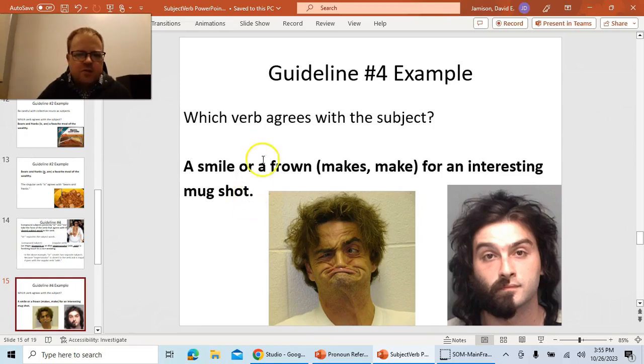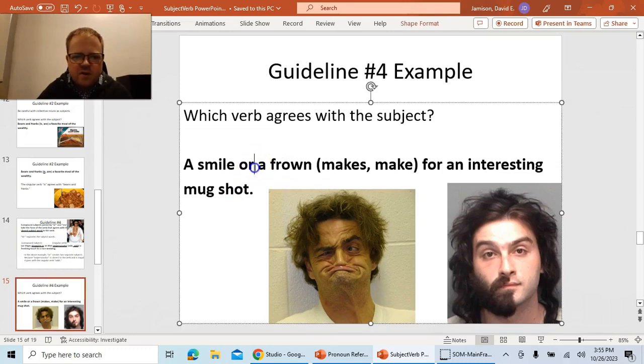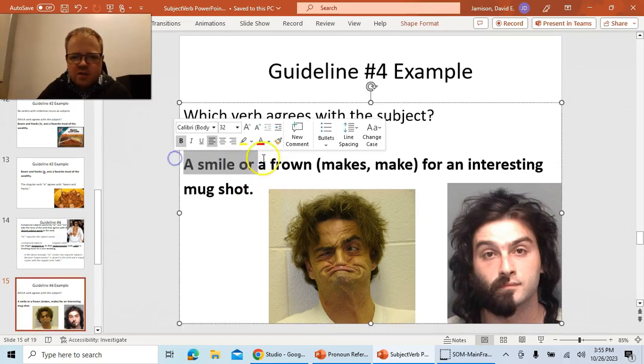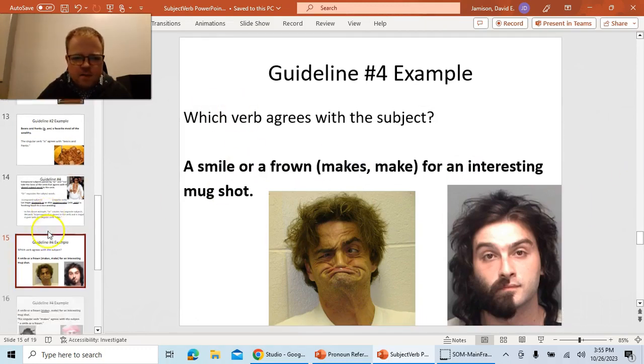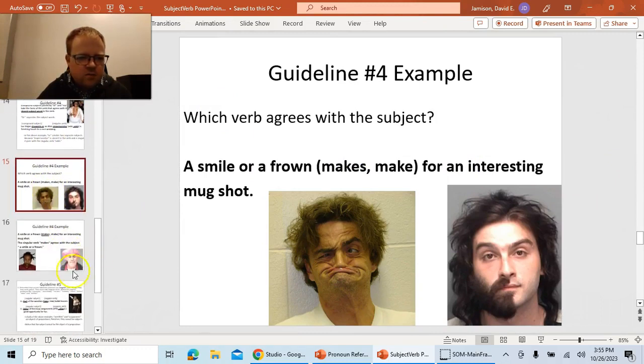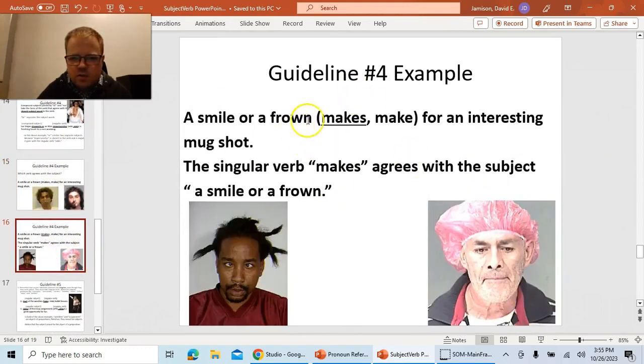And again, because or is here, an easy way to figure this out is to cross out the beginning of this sentence and just say a frown makes for an interesting mugshot. Yeah, the singular verb makes agrees with the subject, a smile or a frown.